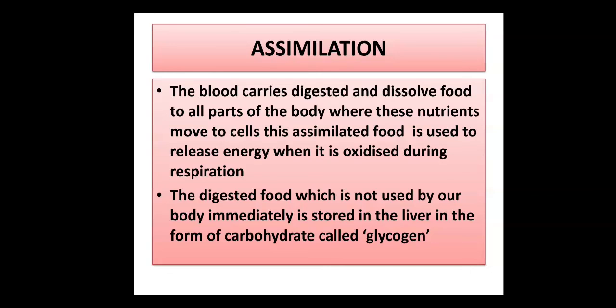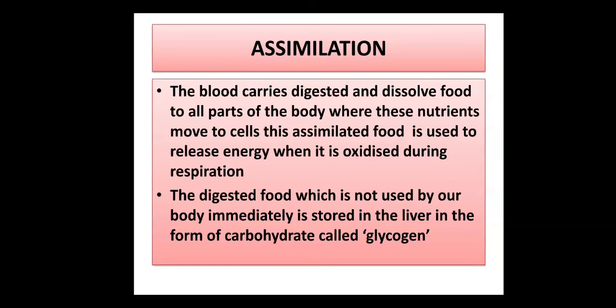So when the blood is bringing the nutrient from the lower part of our digestive system, from the small intestine and the large intestine, this blood first of all goes to the liver for detoxification, and then it goes to the heart.